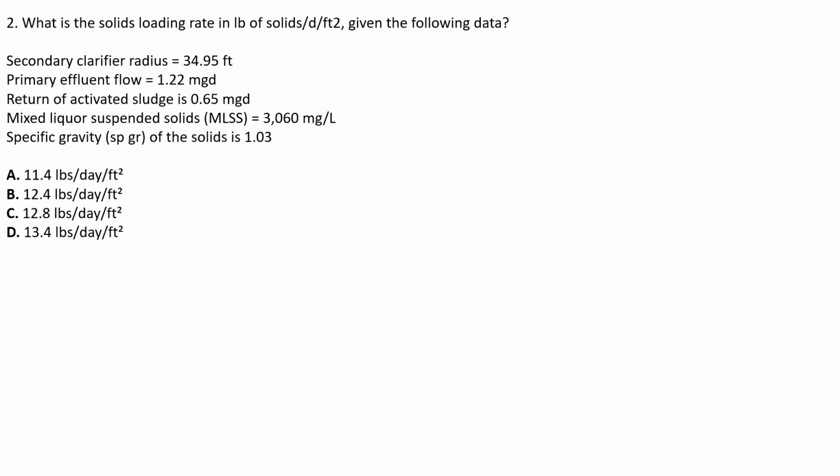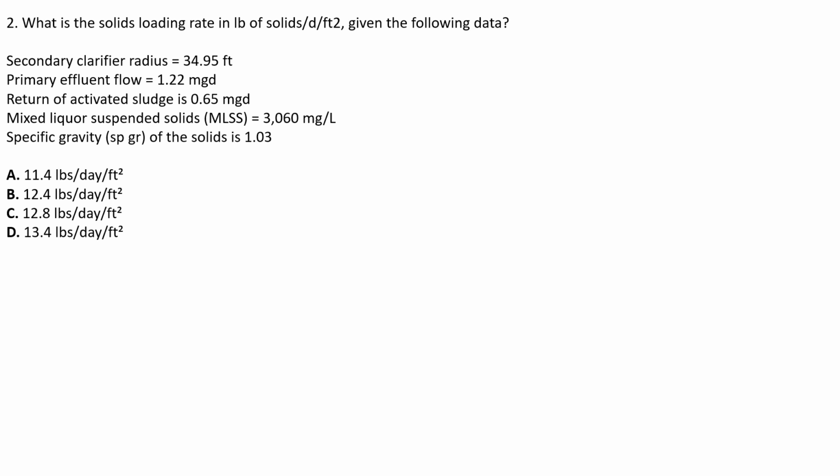Question 2. What is the solids loading rate in pounds of solids per day per square foot given the following data? Secondary clarifier radius 34.95 feet. Primary effluent flow 1.22 mgd. Return of activated sludge is 0.65 mgd. Mixed liquor suspended solids is equal to 3,060 milligrams per liter.